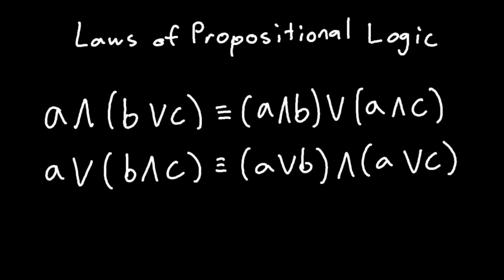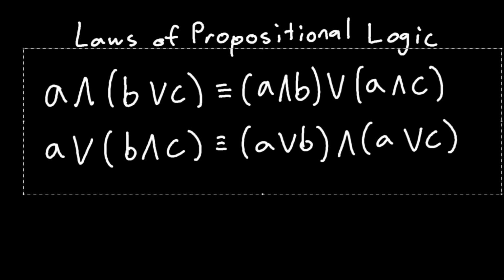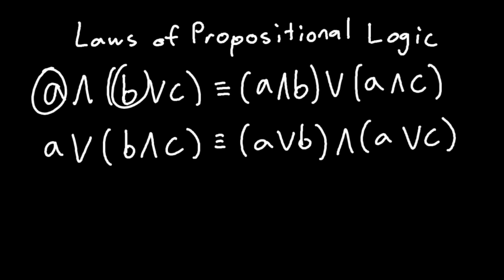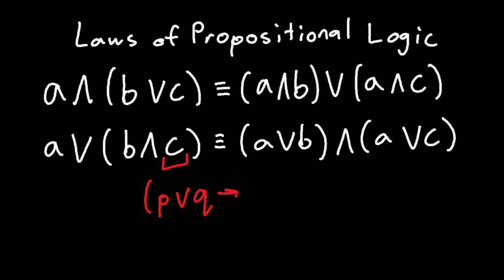And now keep in mind, remember, A right here, or B or C, these aren't limited to singular statements. You're likely going to get a problem on one of your exams or even on your homeworks where A, B, and C aren't singular statements. C could be, I don't know, P or Q, dash, I don't know, not Z or something like that, right? C could be this entire thing.